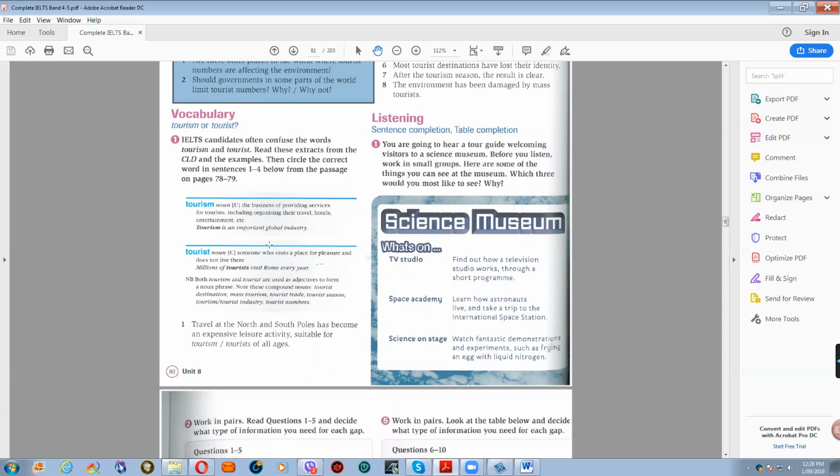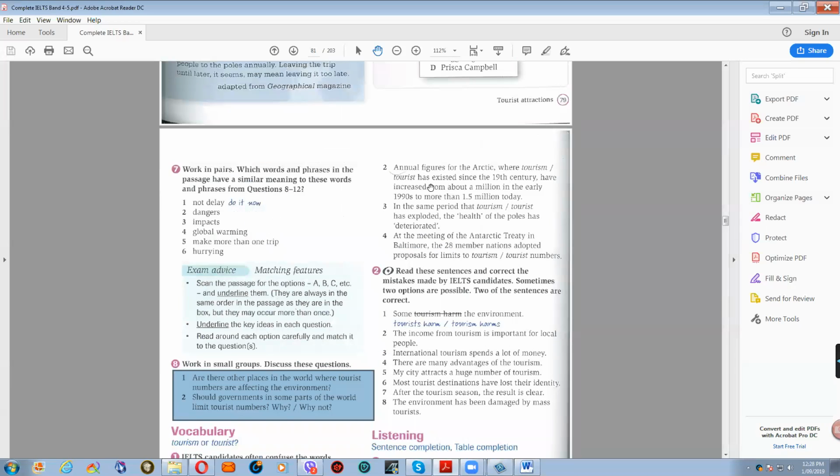Travel at the North and South Poles has become an expensive leisure activity suitable for tourists of all ages. Annual figures for the Antarctic where tourism... In the same period that tourism has exploded.